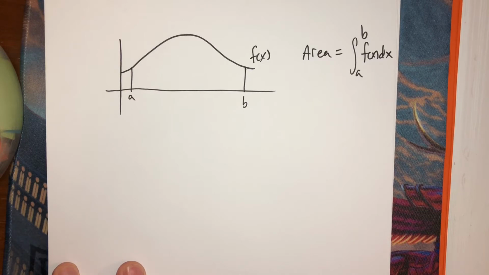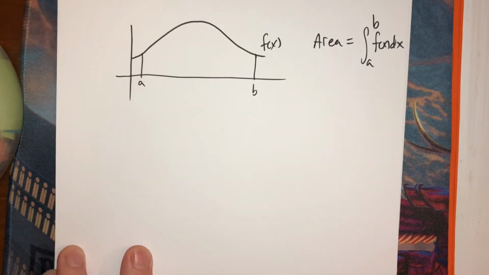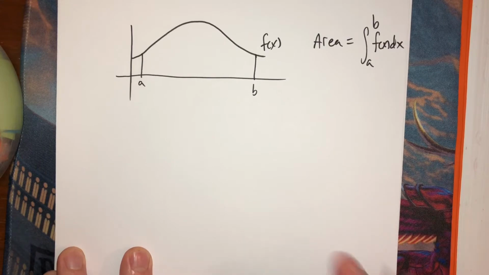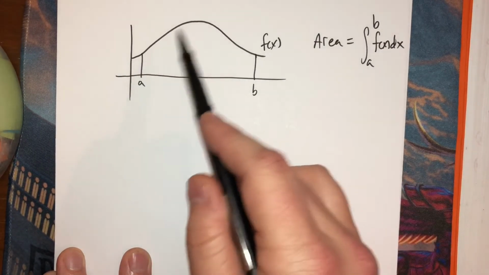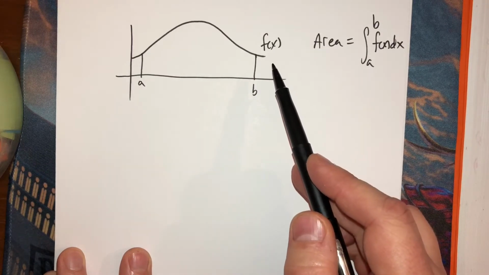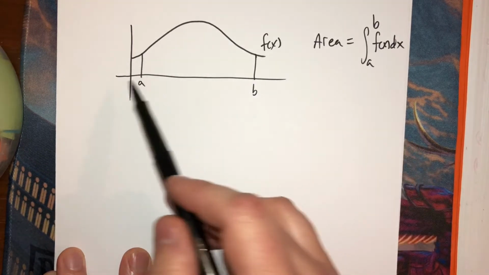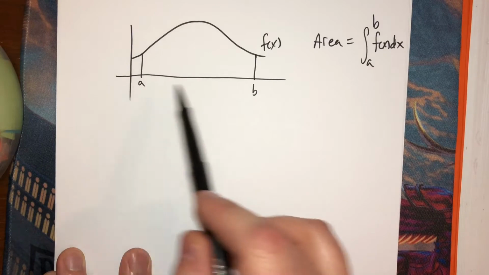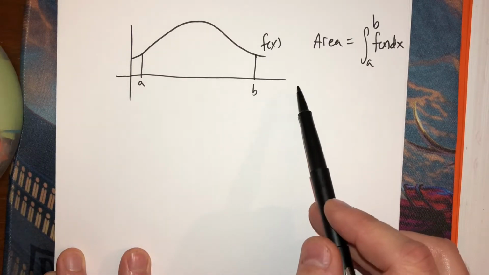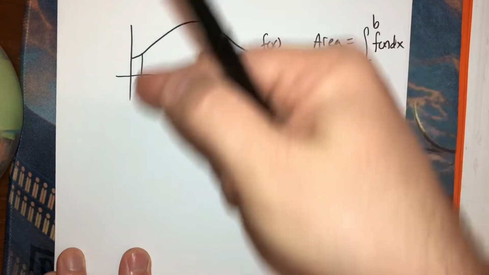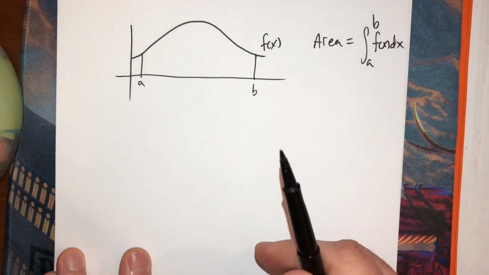But then what if, instead of trying to find this area, I wanted to take this curve, and think about the x-axis as an axis of rotation, taking this curve and actually spinning it around the x-axis.